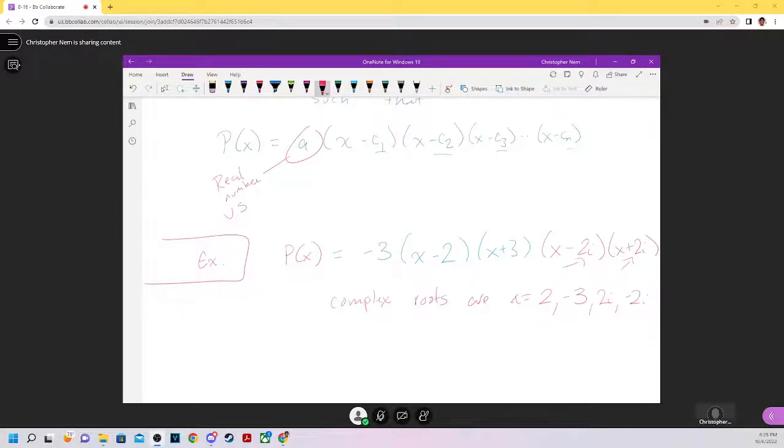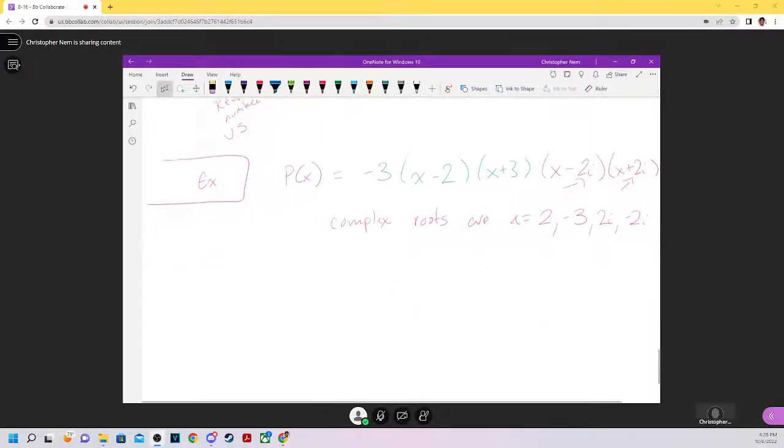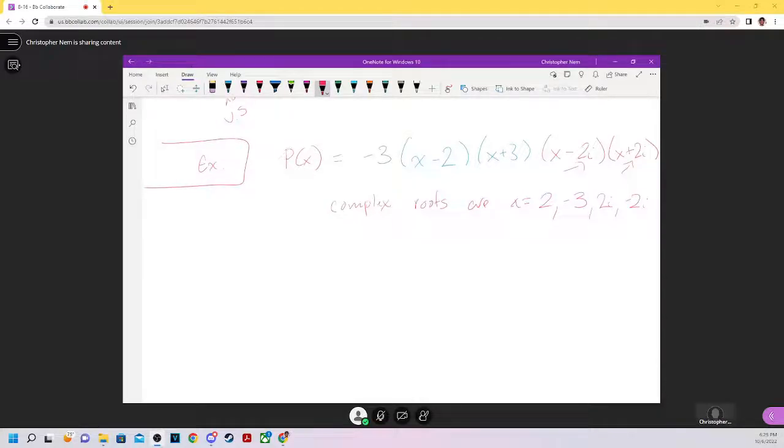There are 4 of them. Let's give another example then. What happens if I have P of x equals x times x minus (1 plus 2i) times x minus (1 minus 2i)? I put these parentheses here so I don't mess up.